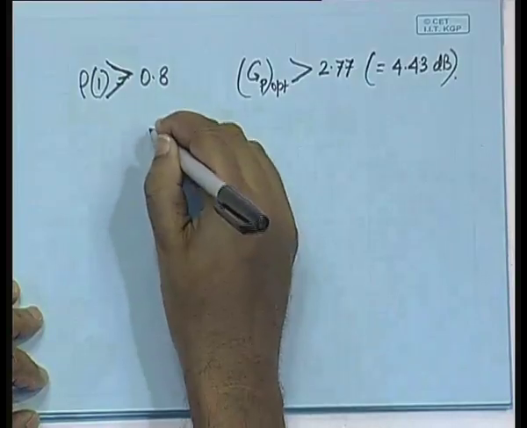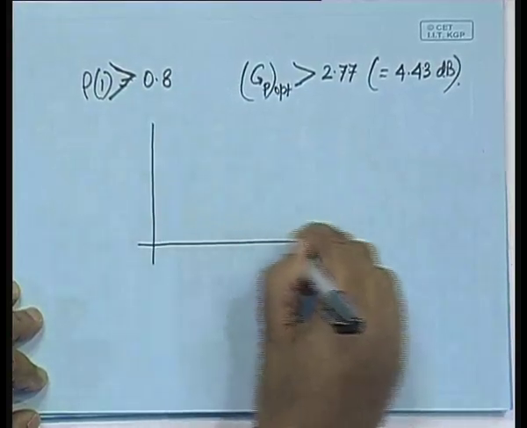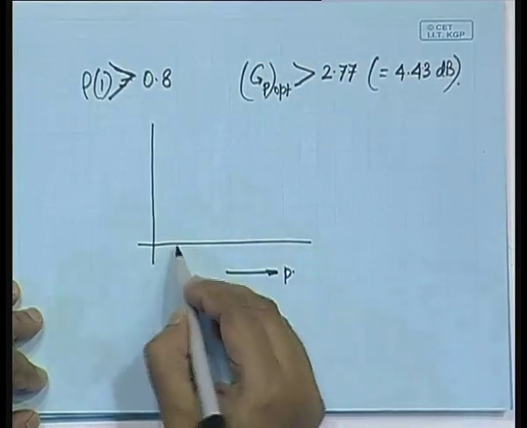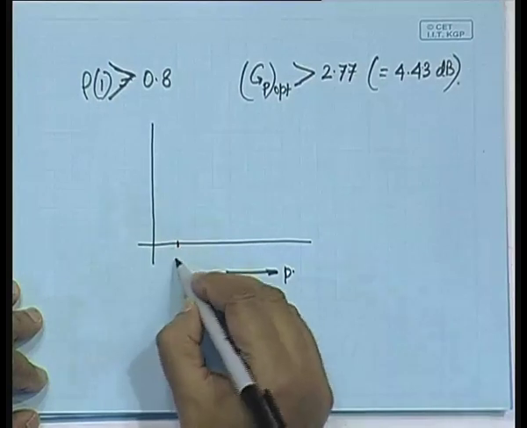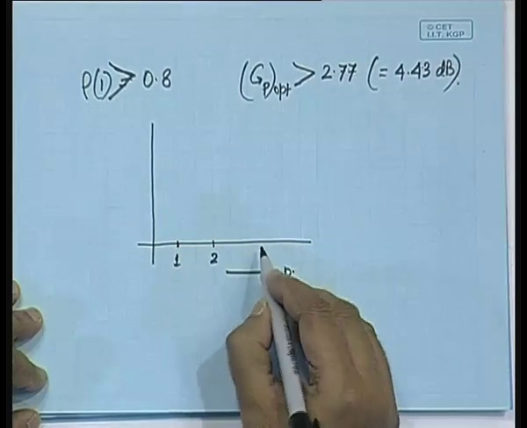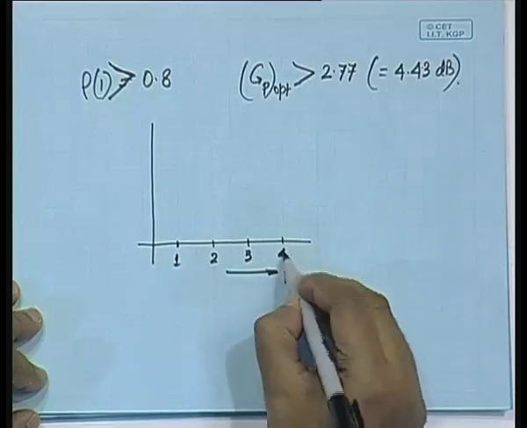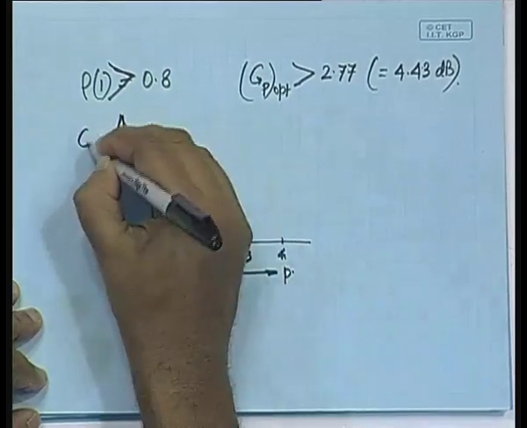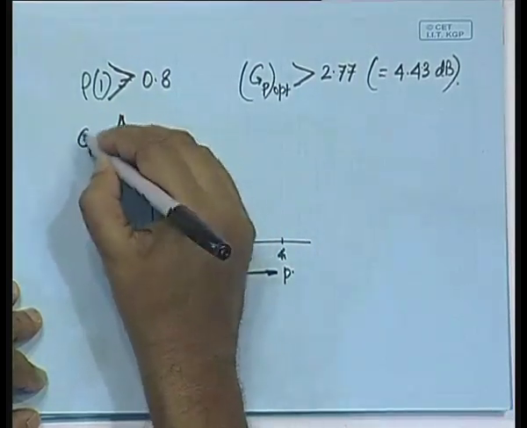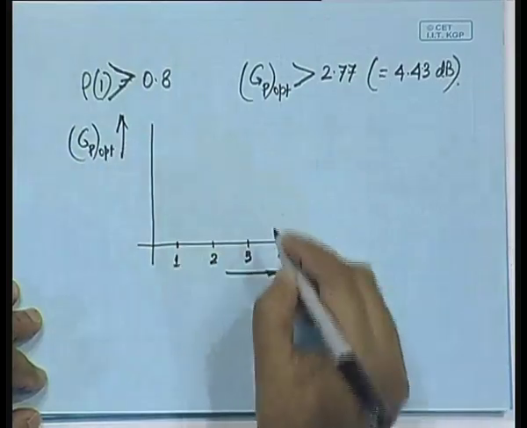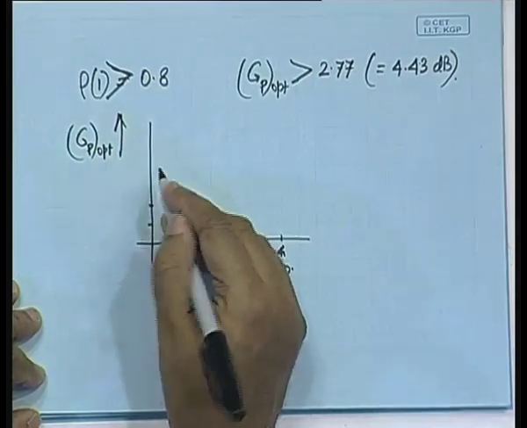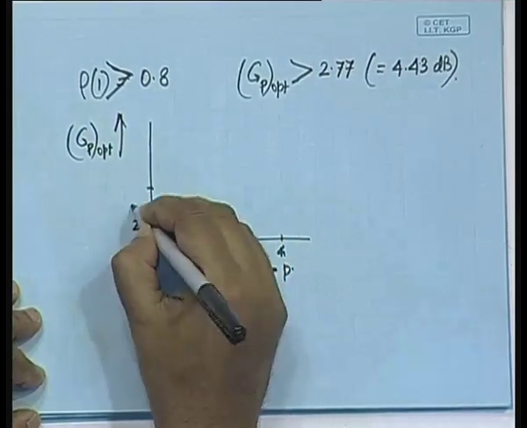Okay. Now, a typical curve would look something like this. If we draw a curve on this axis, we have P, and we take P as 1 here, 2 here, 3, 4 like this, and here we have GP optimal as 2, 4, 6, say 2, 4, 6.